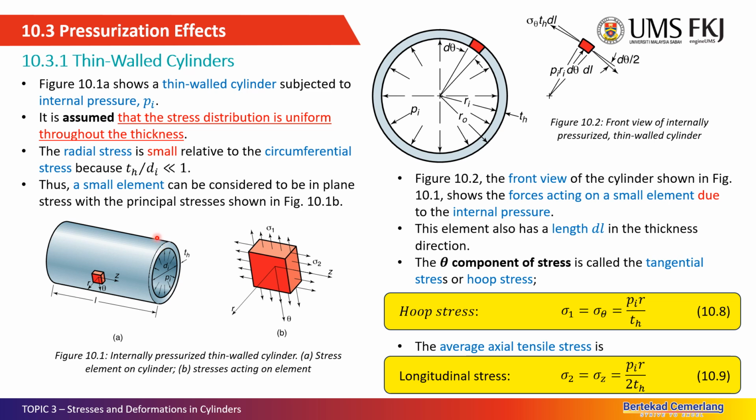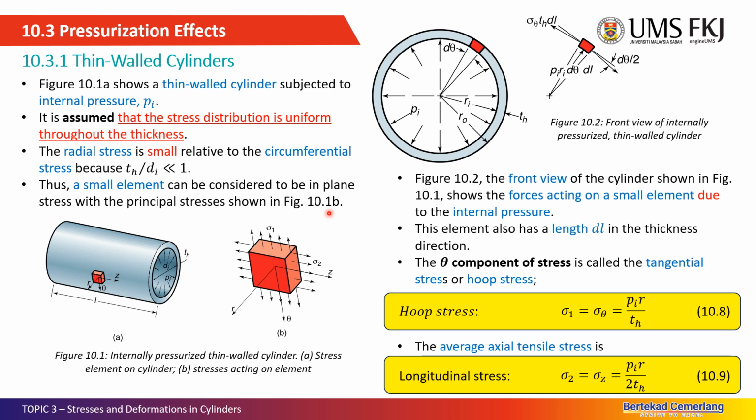So the radial stress is small relative to the circumferential stress, because the cylinder thickness divided by the inner diameter is less than 1. Therefore, a small element can be considered to be in plane stress, with the principal stresses shown in figure 10.1b.